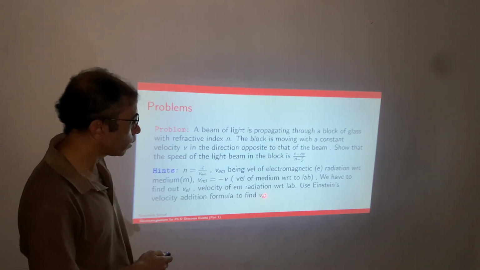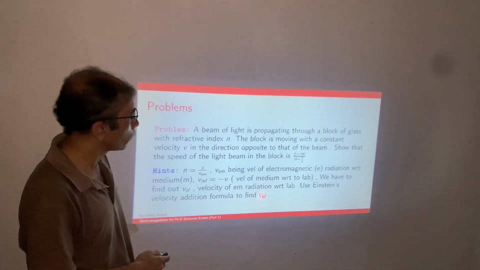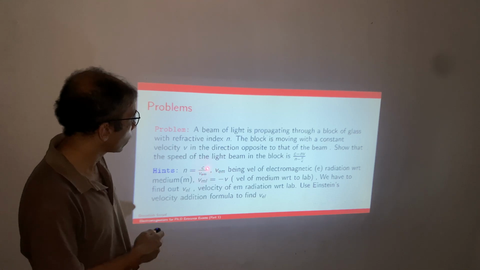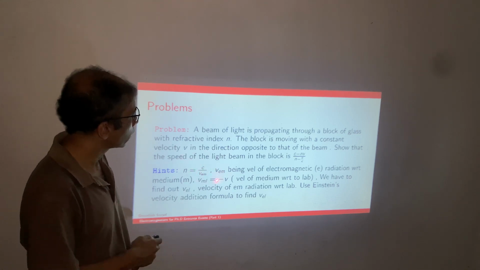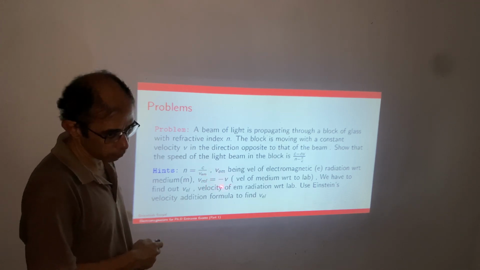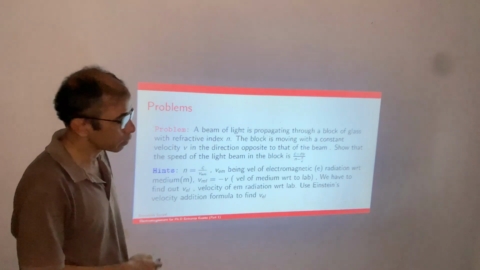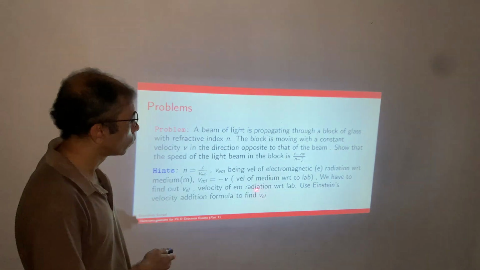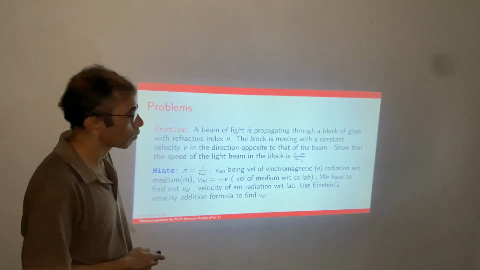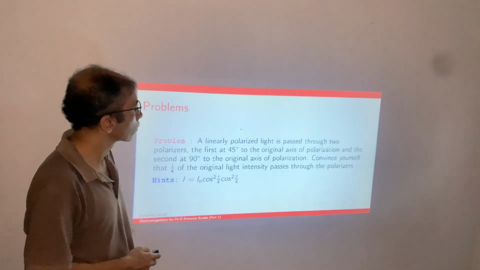In order to find V_EL, we have to know first V_EM. V_EM can be found through this expression, and then we have to find the velocity V_ML. V_ML is also given. So it's just a standard calculation to find V_EL. Go to the next problem.